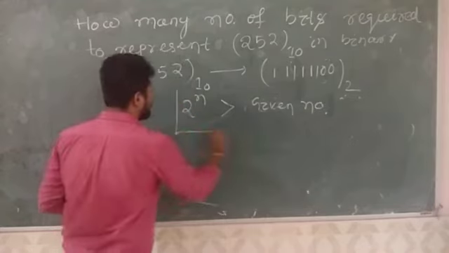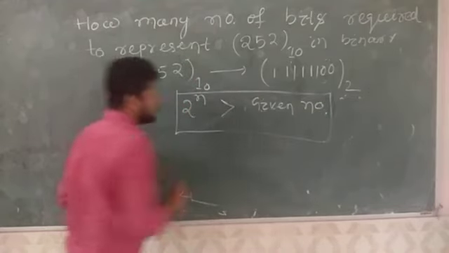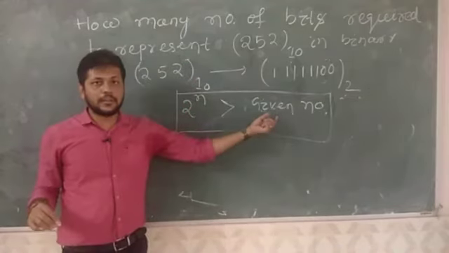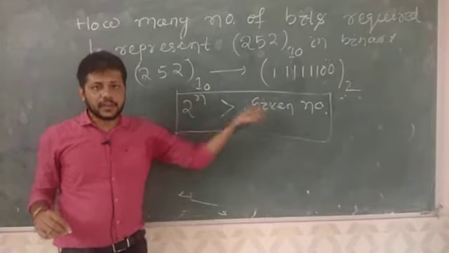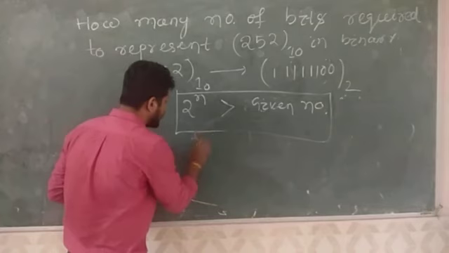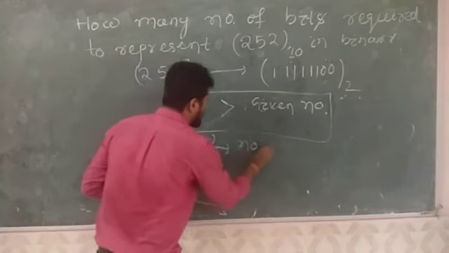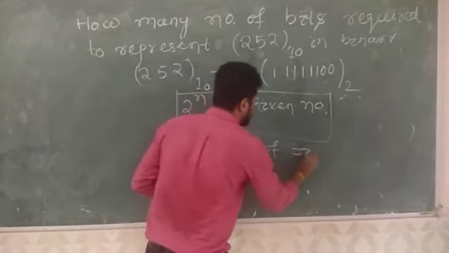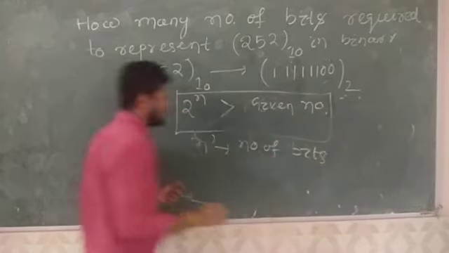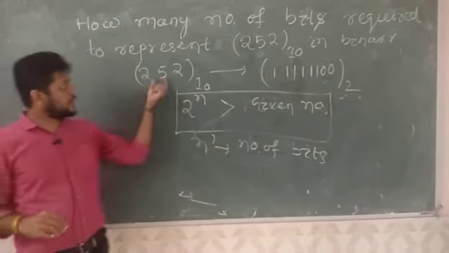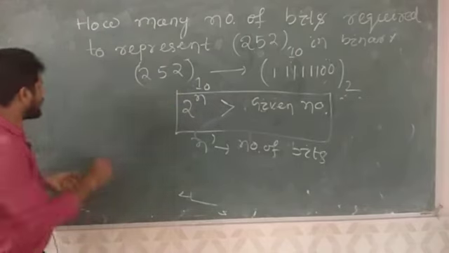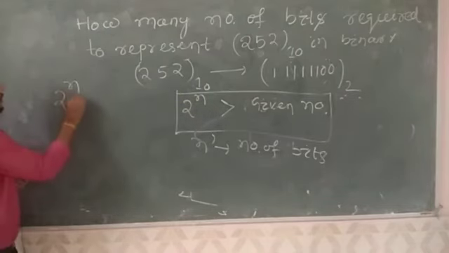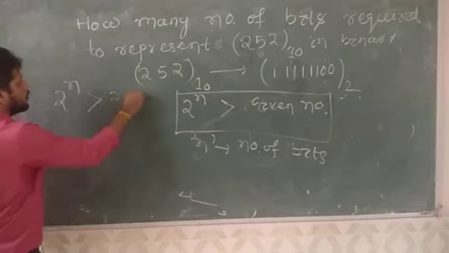So please remember this formula. We will have a number given and you need to find the number of bits to represent that number. Here n stands for the number of bits. In this case the number given is 252, so 2 to the power n must be greater than 252.